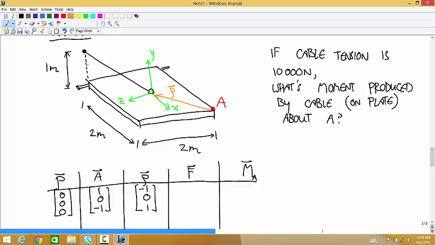So now the force vector. How are we going to represent that force vector? We know that the magnitude of the force is 10,000, but we have to get it into vector components. How are we going to do that? Yep, exactly. So I'll call this W for wall, and I'll call this P because that's where the force is applied.